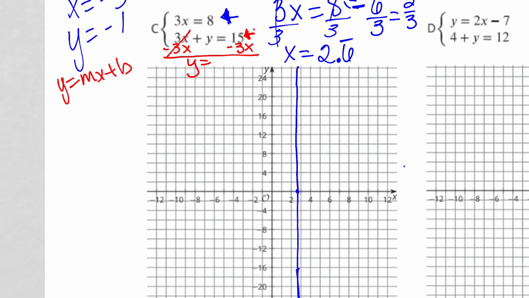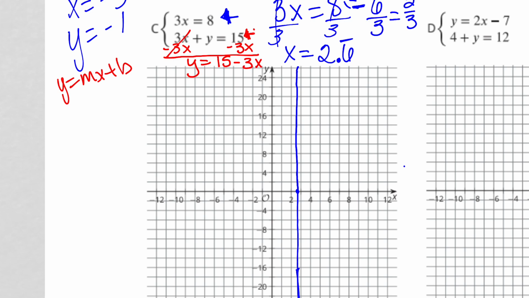You cannot combine these terms: y equals 15 minus 3x. Why can you not combine these terms? Because one of the terms has a variable. Because the 15 does not have an x, I cannot combine those.